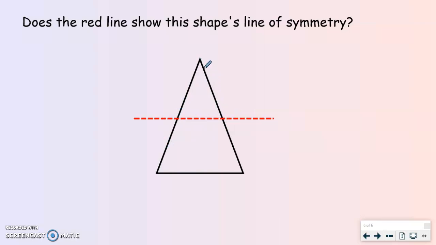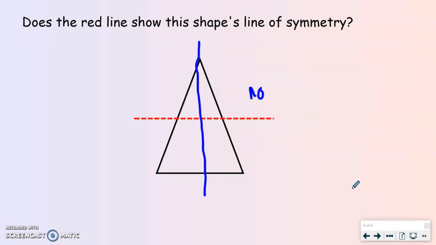If I folded this shape on this red line, these sides would not match up at all. By recognizing that, we can figure out what the shape's line of symmetry would be. It would be down the middle here. If I folded in half this way, these sides would match up. So our answer here would be no. That does not show the line of symmetry.